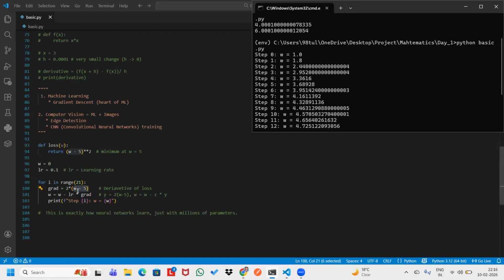So first it will store over here, and suppose w equals 0 and lr equals 0.1, then what will happen? W minus 5 will be 0 minus 5, and then it will show over here, which will be nothing but minus 10. So grade will be minus 10, and now I'm putting this value minus 10 over here, and I have lr 0.1.